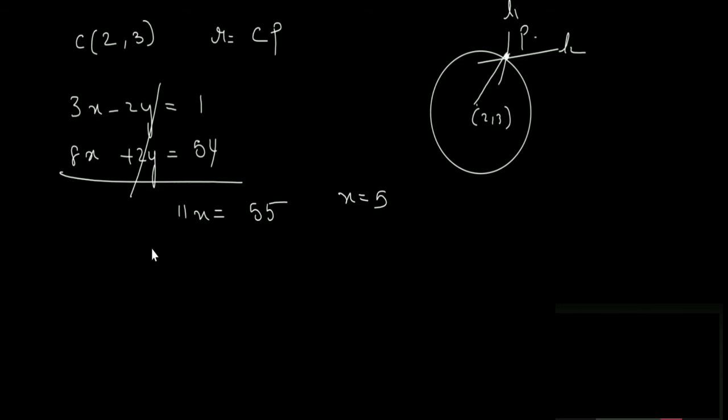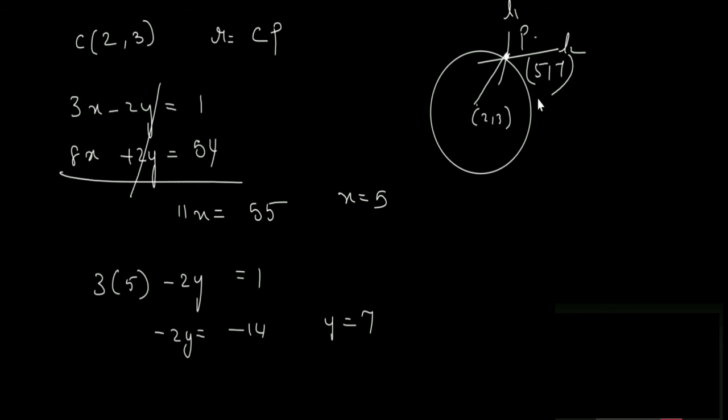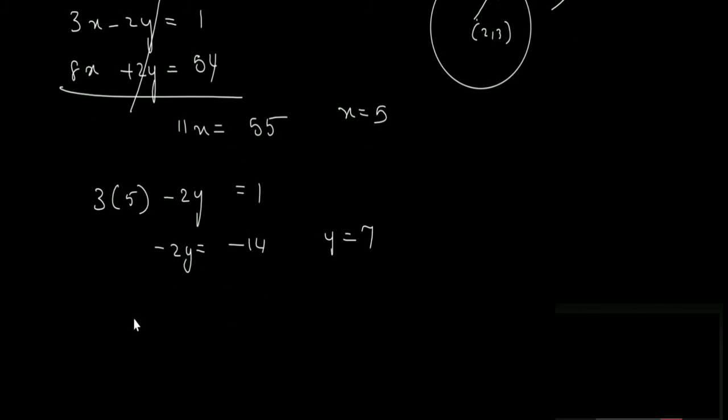So substitute x is equal to 5. You get 3 into x is 5, minus 2y is equal to 1. So minus 2y is minus 14. So y is 7. So we know this point is now 5, 7. So the point P is 5, 7 and the center is at 2, 3.